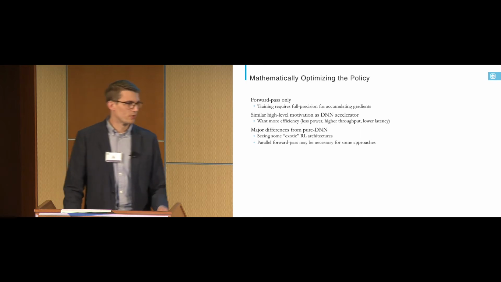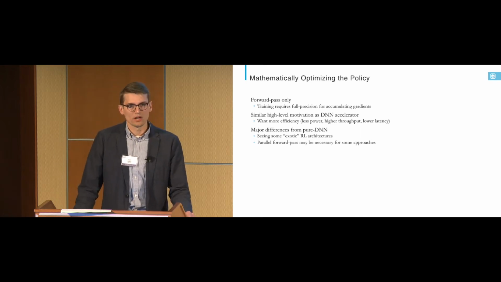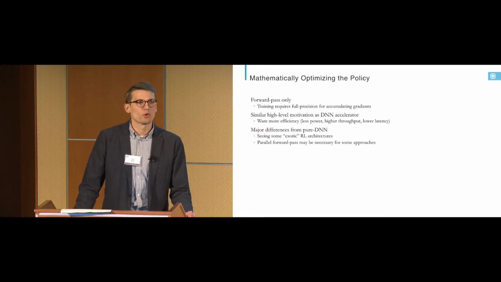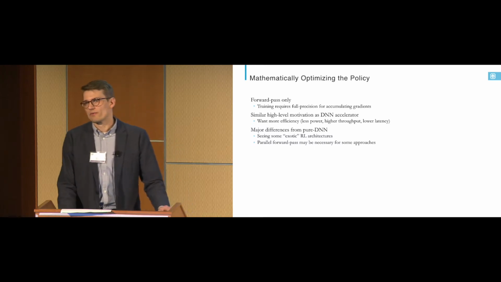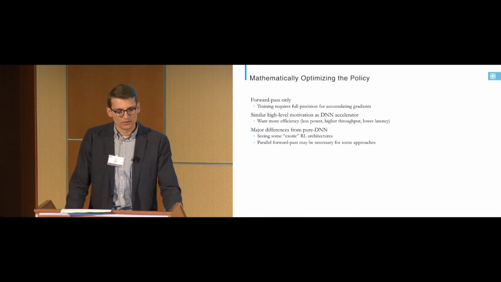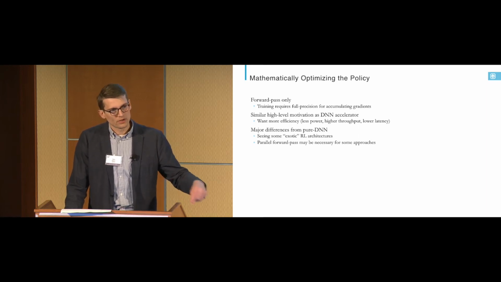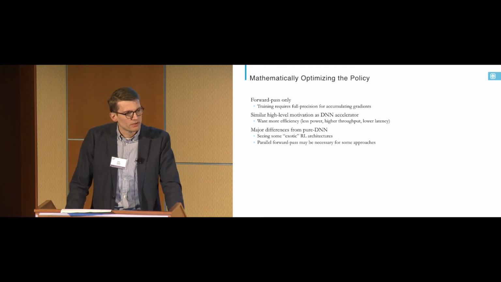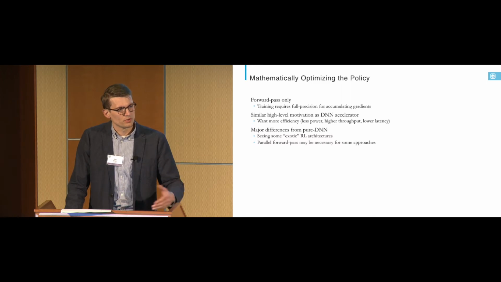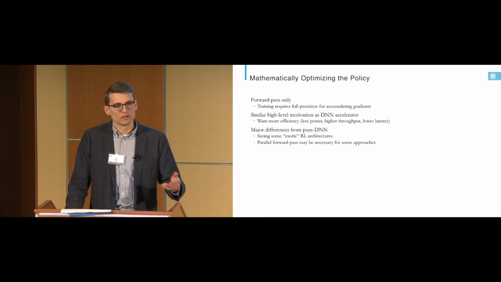A major difference between a discussion about deep RL acceleration and CNN acceleration is that you may have more sophisticated architectures that you want to accelerate with deep RL. For example, in some of the work I mentioned earlier, where end-to-end robotic grasping and manipulation training is being done, they actually use a recurrent convolutional neural network to visualize the possible outcomes of any given action.